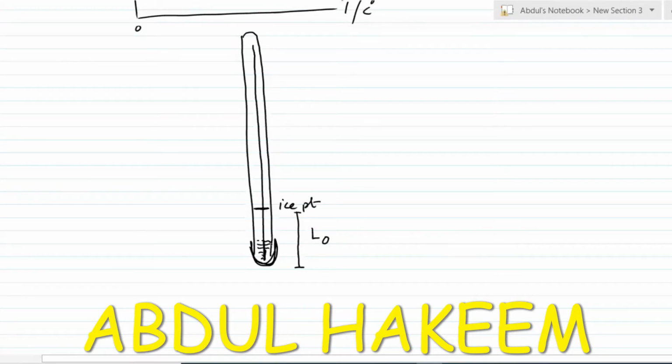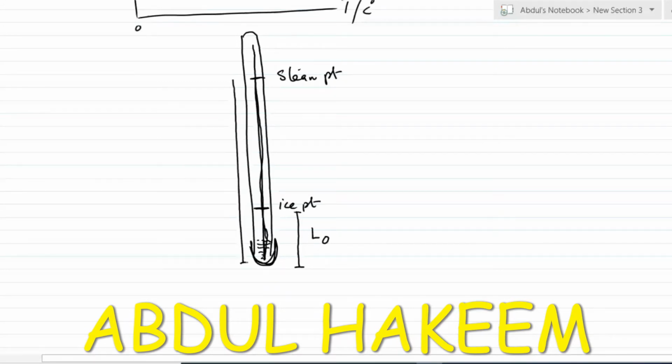When this bulb is placed inside the steam, a few millimeters above the surface of boiling water at standard atmospheric pressure, the liquid will rise to this level. So this is the steam point, and its height from the bottom is represented by L100.